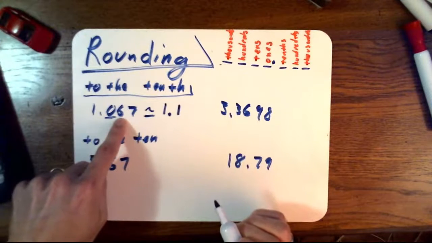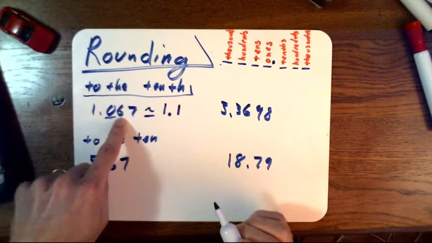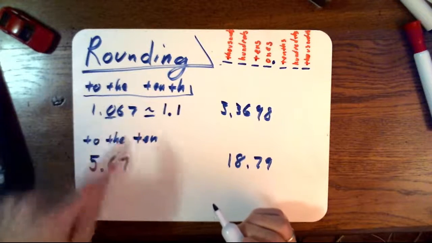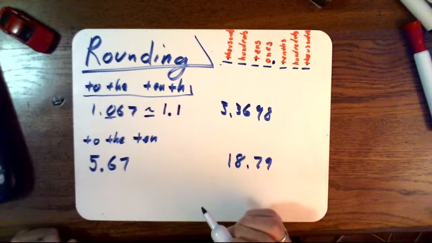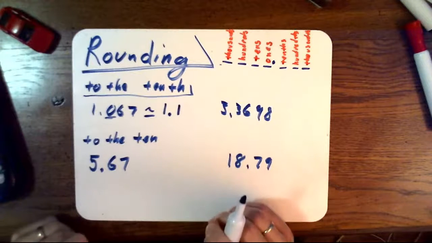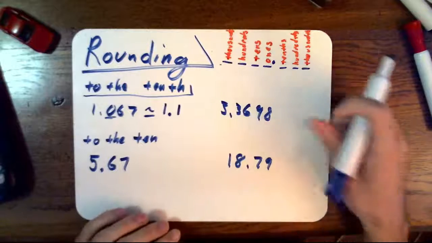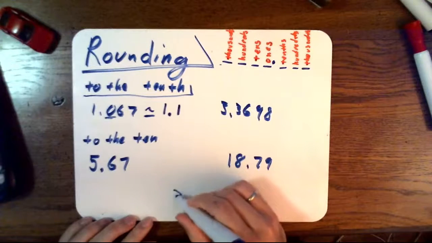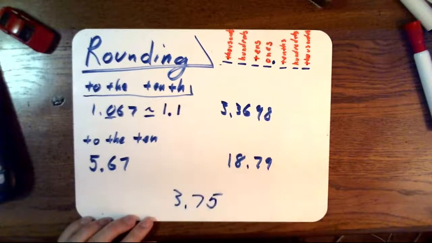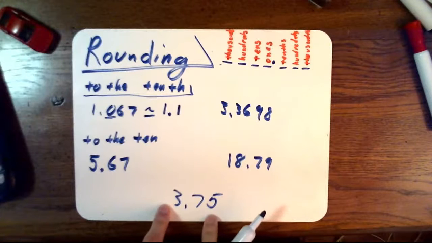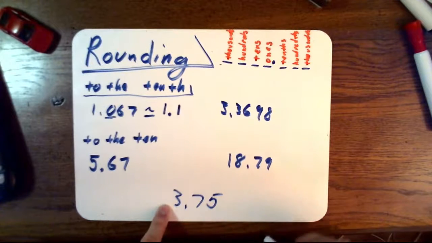Why is that? Well, if you think of it like money, and you're trying to round to the nearest dollar, I know it doesn't work this way in real life, but it would be nice. Let's say you had $3.75, is that closer to $4 or is that closer to $3?